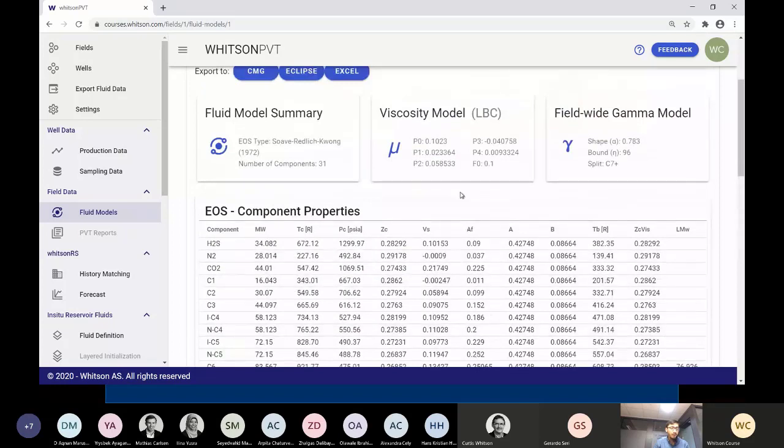The viscosity model is something we will discuss today also, so let's forget about that for now. Field-wide gamma models we have already discussed, so you must be familiar now with what the shape factor alpha is, what the bound is, and this is the gamma model for the C7 plus distribution. How we found that the shape factor is 0.783 and the bound is 96 is something we will also go through today during the exercise.